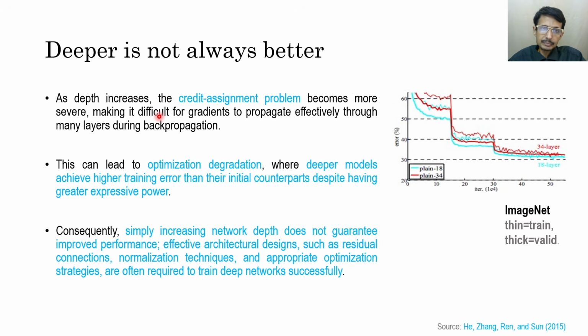One problem apart from overfitting is the credit assignment problem. As depth increases, the credit assignment problem becomes more severe, making it difficult for gradients to propagate effectively through many layers during propagation. Very briefly, the credit assignment problem is due to some upper layer or deeper layer neurons always assuming that their lower layer neurons perform correctly.